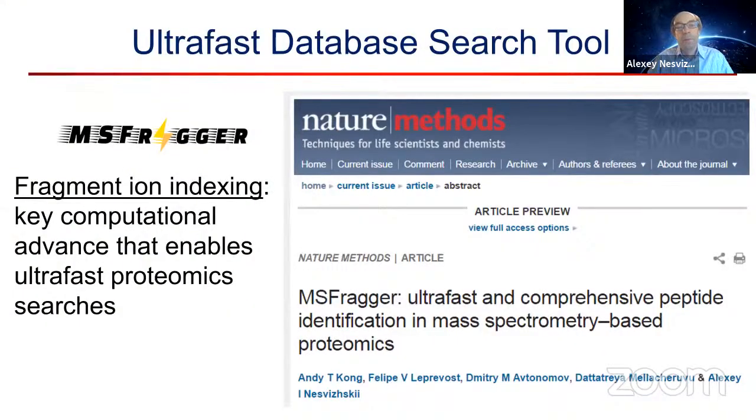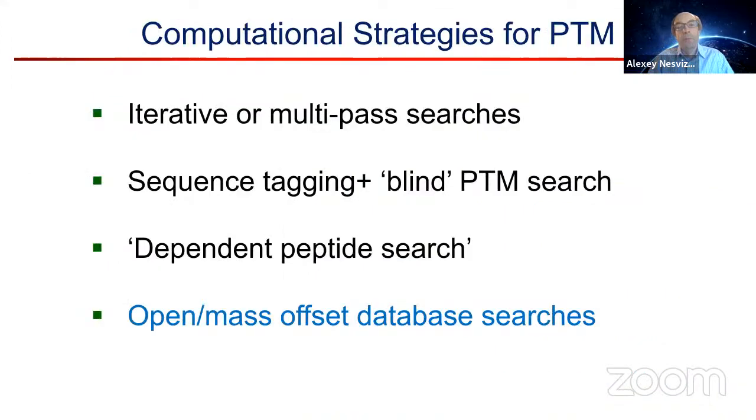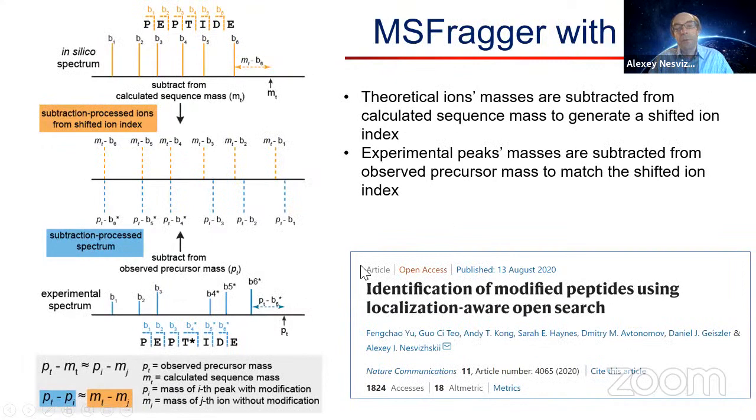It was published about 4 years ago, and it goes beyond the standard strategies of iterative searching, sequence tagging dependent peptide search approach, and really implements this open mass-shift database search approach to PTM analysis. And again, I do not have time in this presentation to go into this localization-aware open search, but I welcome everyone to read this recent paper that we published last August that really takes open searching concept to the next level by showing how we can incorporate fragments containing modification in scoring.